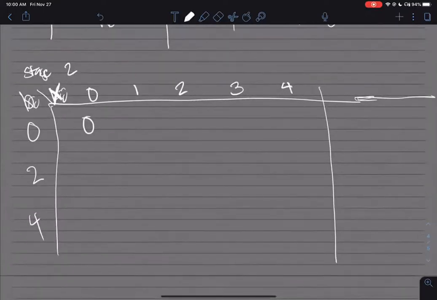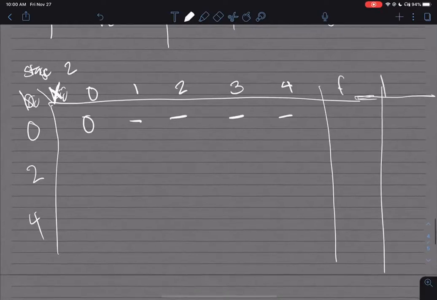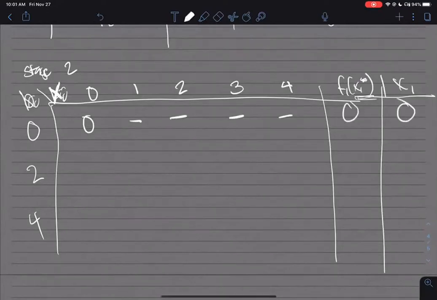Patricia, I have 0 marshmallows. Can I eat 1 marshmallow? You can't, so this becomes infeasible. Correct? So for that, it will be 0 and then 0. Okay, thank you.